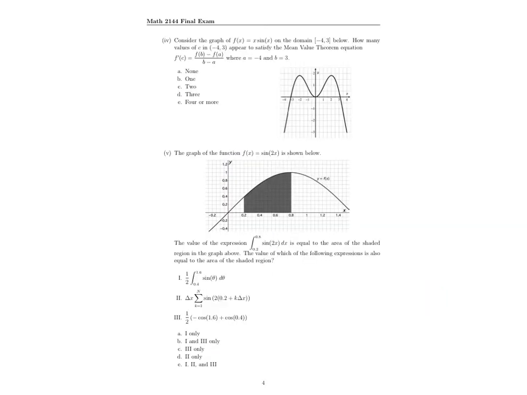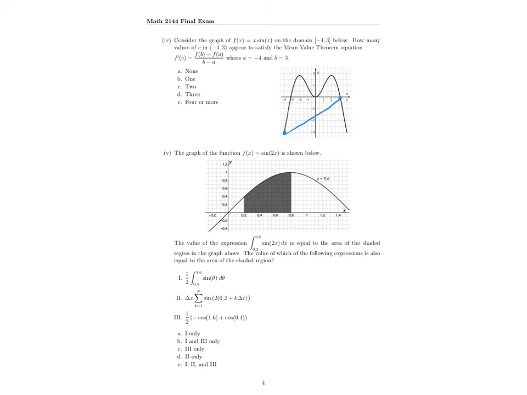All right. For this one, it's asking how many values of c appear to satisfy the mean value theorem equation. Okay, so a is -4 and b is 3. The point a, f of a is here, and the point b, f of b is here. I can draw this line in, and the slope of that line is f of b minus f of a over b minus a. So I'm looking for other values where I have a similar slope.